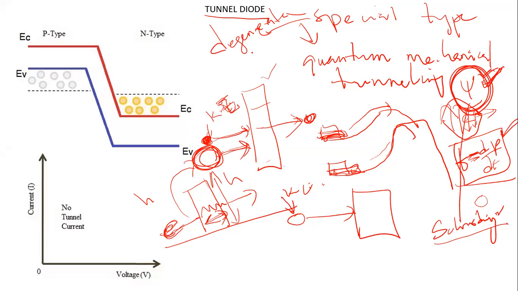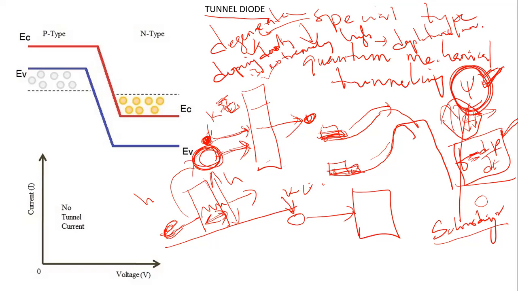Degenerate semiconductors have an extremely high doping density, and the barrier width, or depletion width, is very, very thin. When the doping density is very high, the depletion width is very thin. The p-n junction thus formed, we call it a junction made up of degenerate semiconductors.